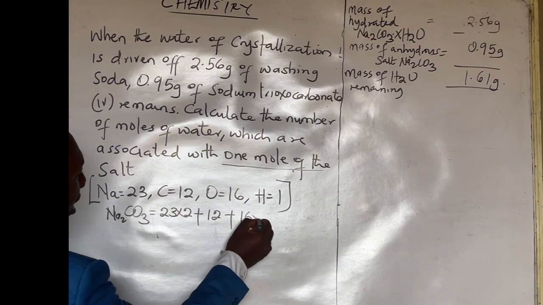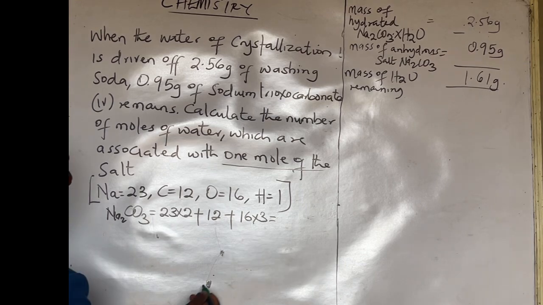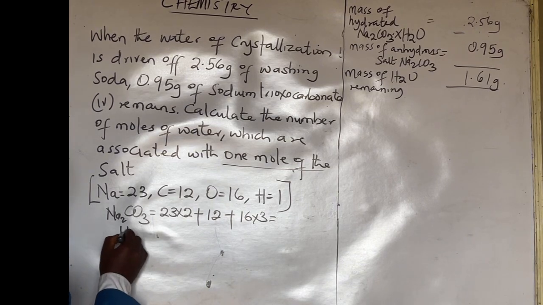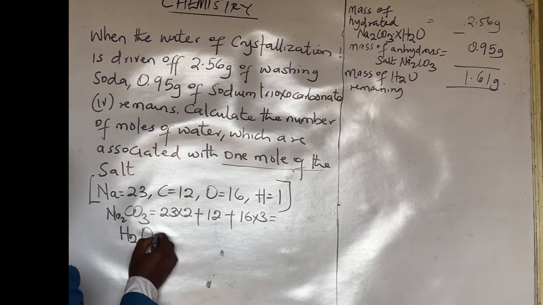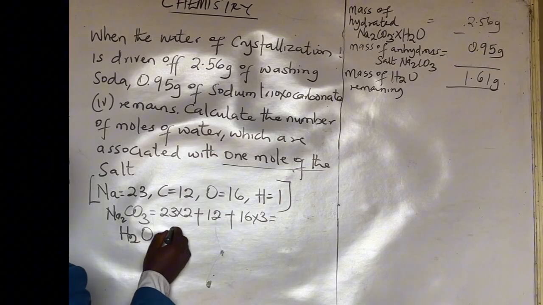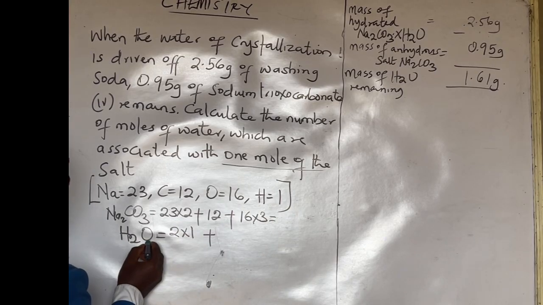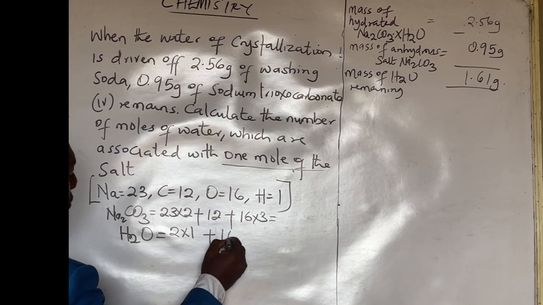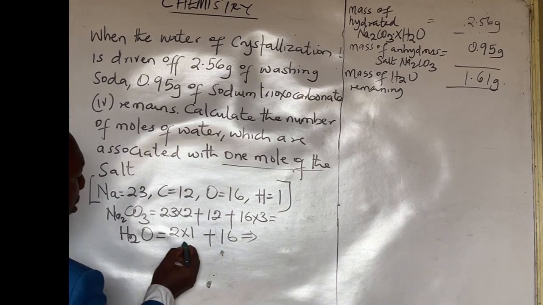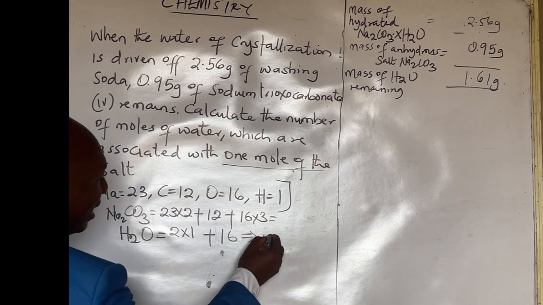We also have that of water, H2O. Hydrogen is 1, that's 2 times 1, plus oxygen is 16. So for water, we have 2 plus 16, that's 18.